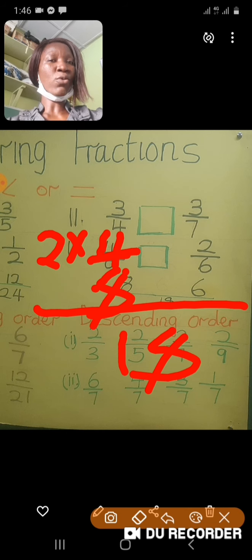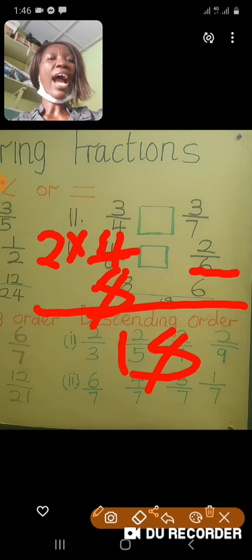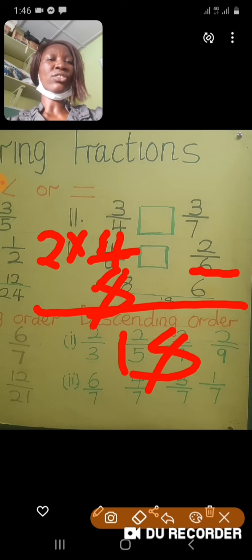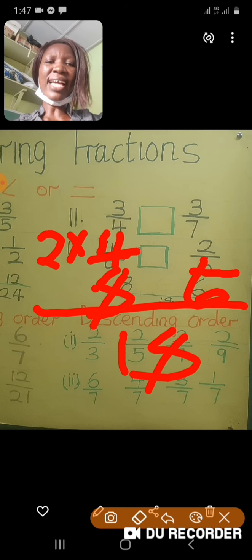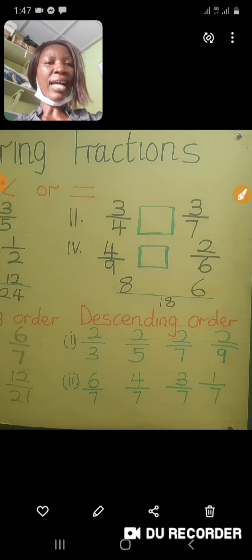So ask yourself the same question. What is the denominator right here? 6. How many 6 will you get in 18? 3. 3 times 2, that is what? 6. So here we have 8 out of 18 and 6 out of 18.